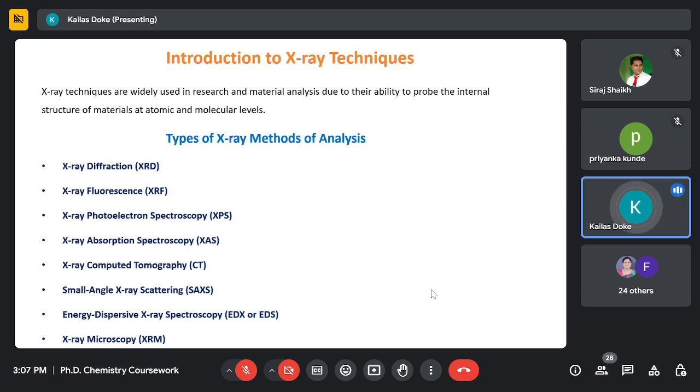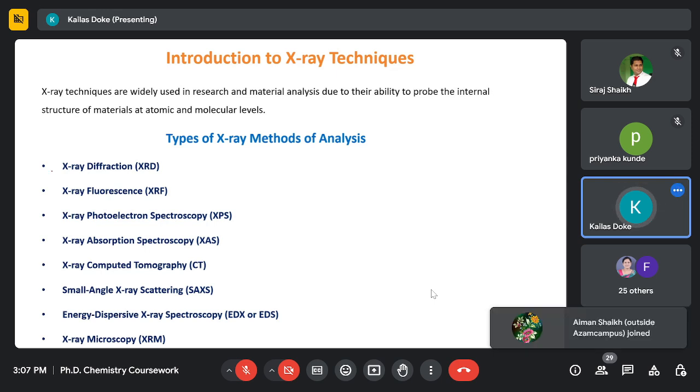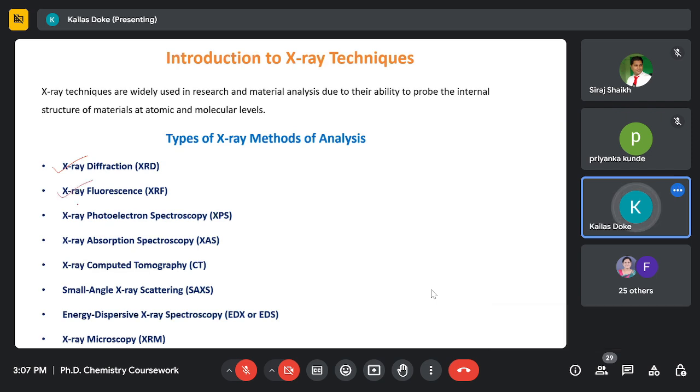There are so many types of X-ray methods of analysis that you are aware of. X-ray diffraction, in short called XRD. X-ray fluorescence is another technique. X-ray photoelectron spectroscopy is also a very important technique.